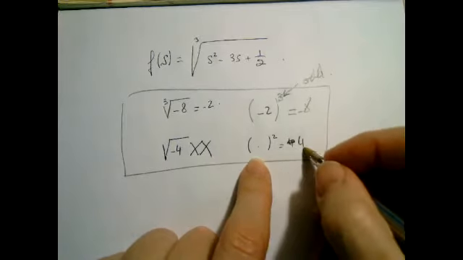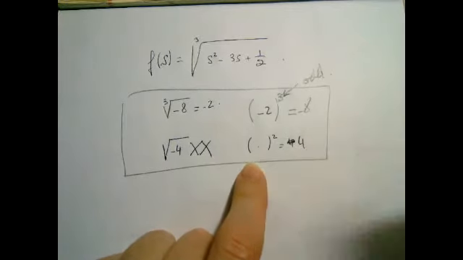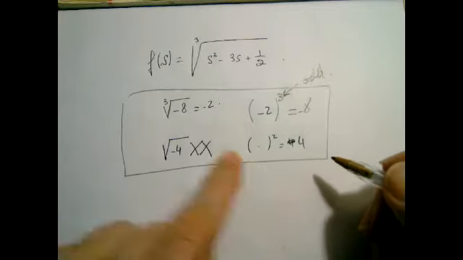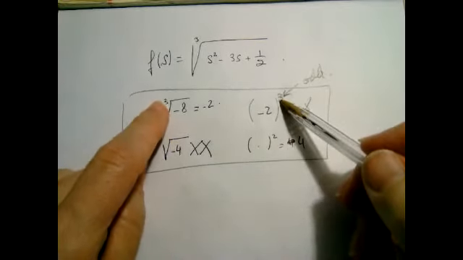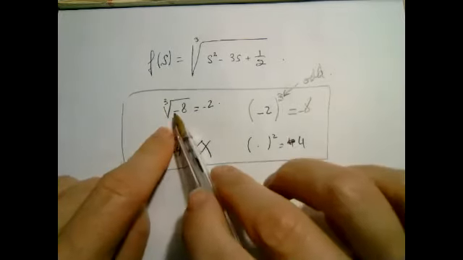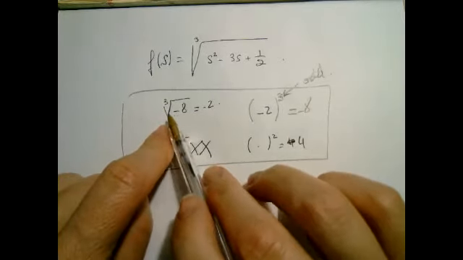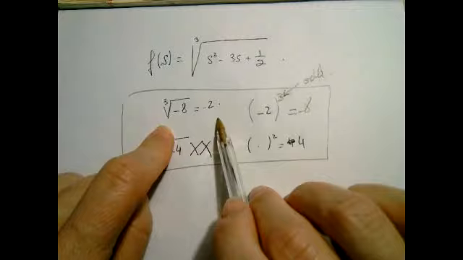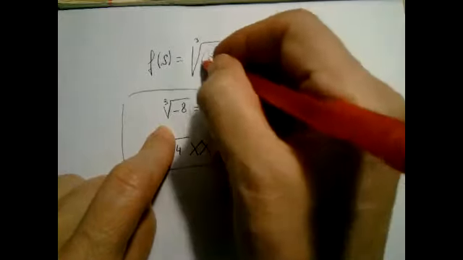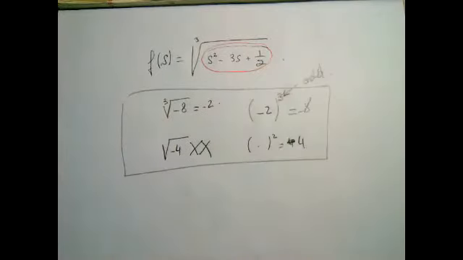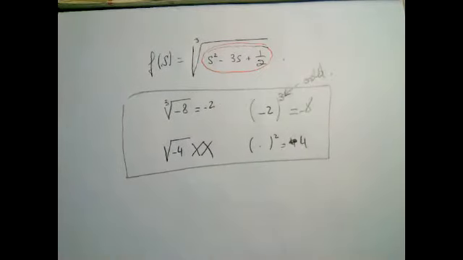No number you square gives -4. Any number when you square it gives a positive number. So whenever the root is odd, we can have a negative number. The cubic root has no issues. Under it, we can have a positive or a negative number.